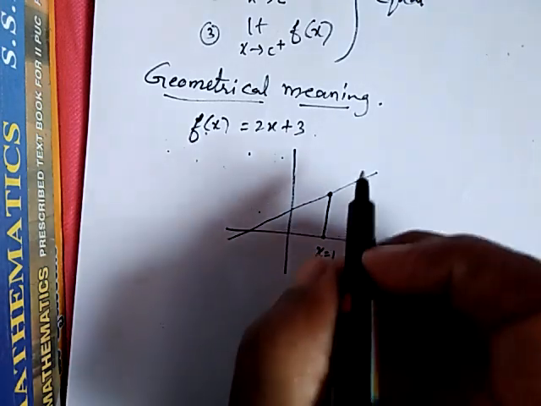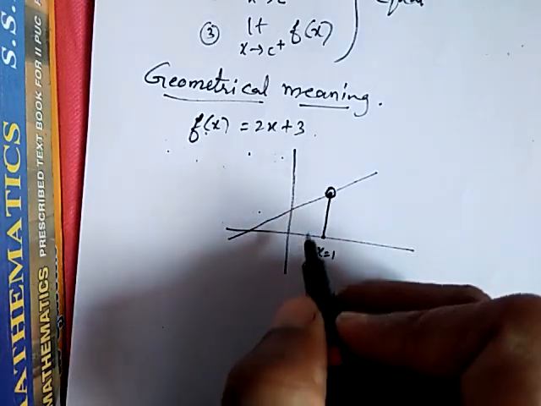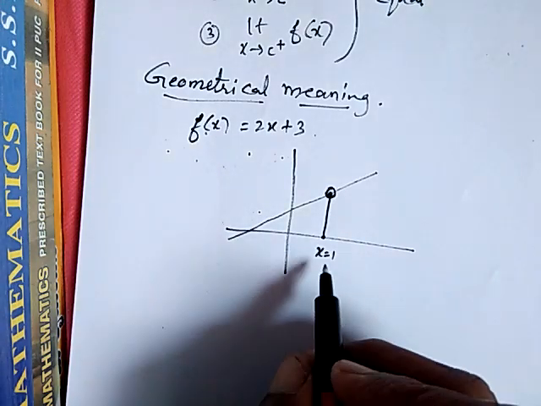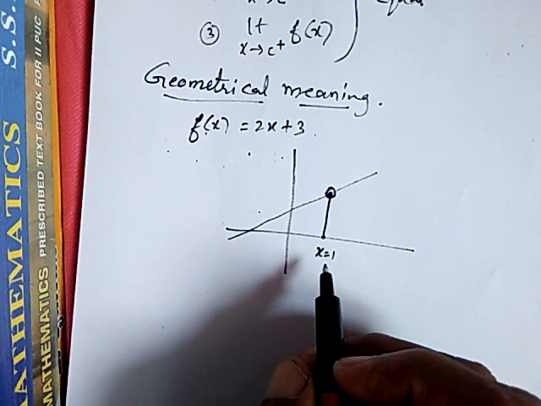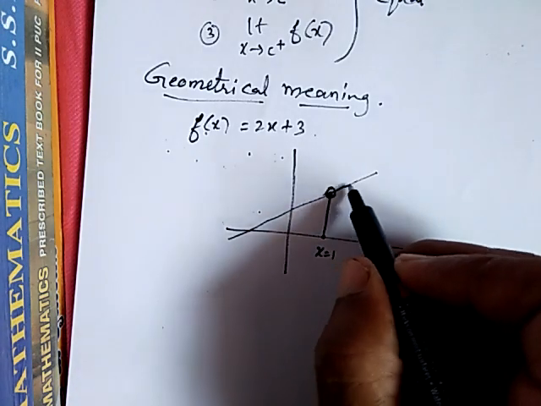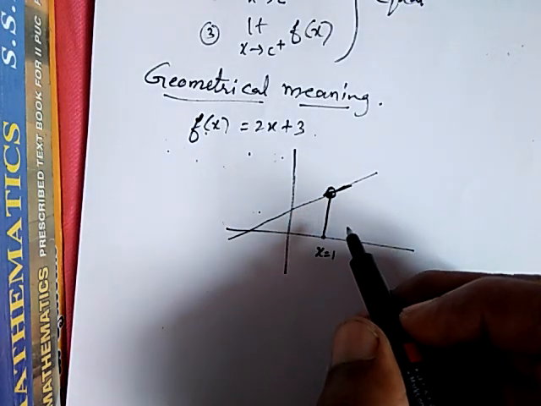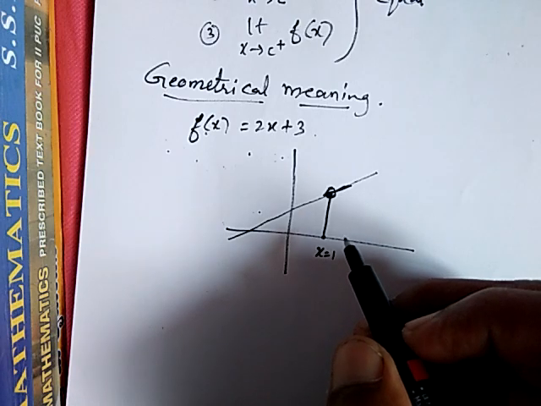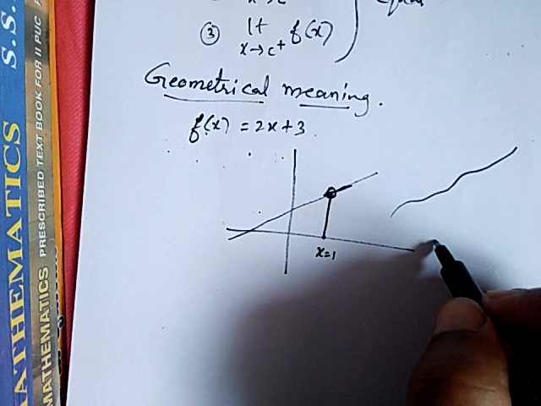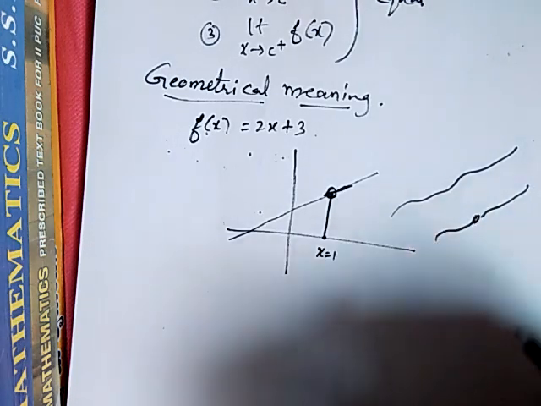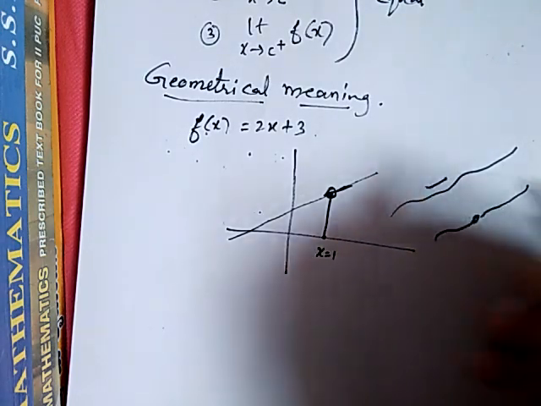Suppose if it is like this, some break is there, then you say that at x is equal to 1 the function is not continuous, it is discontinuous. But here it is continuous, no break. So continuous means what? Without break, without gap, continuously it will be there like this. No gap should be there.